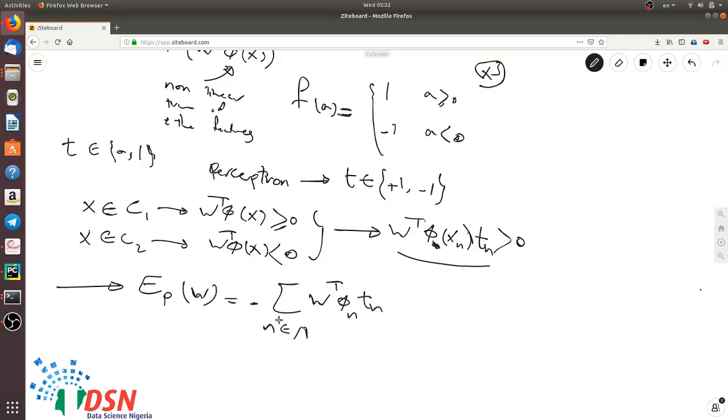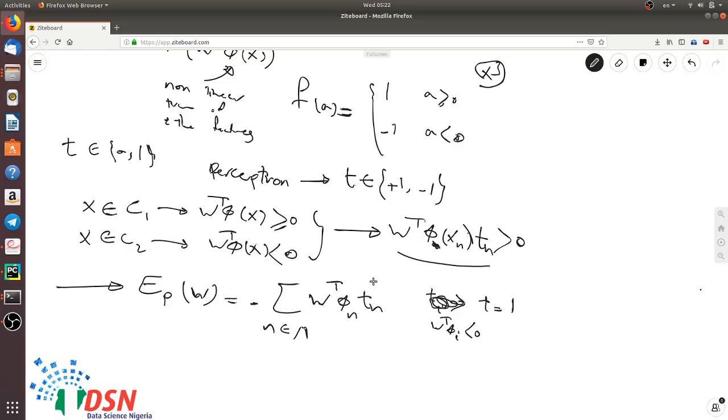For example, when we have data whose target vector is 1 but this is less than 0, then it is misclassified, so it goes into this term.